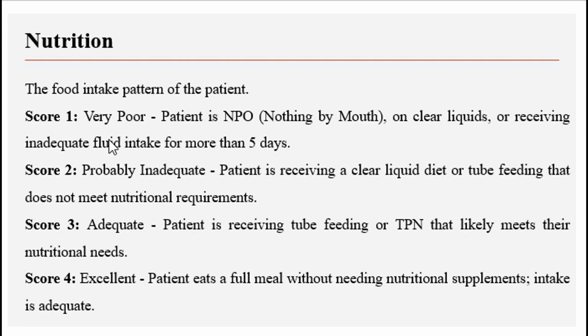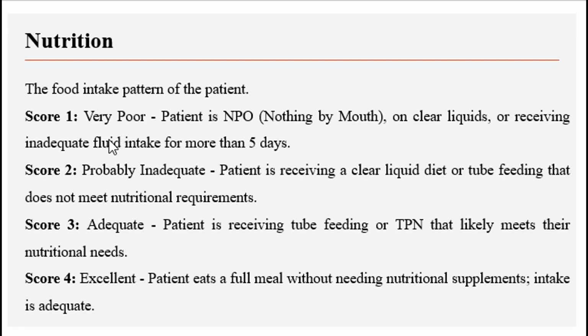Score 2 is probably inadequate. The patient is receiving a clear liquid diet or tube feeding that does not meet the nutritional requirement of the patient. In this condition, we will give score 2. Score 3, adequate. The patient is receiving tube feeding or TPN, total parenteral nutrition, that is likely meeting their nutritional needs.